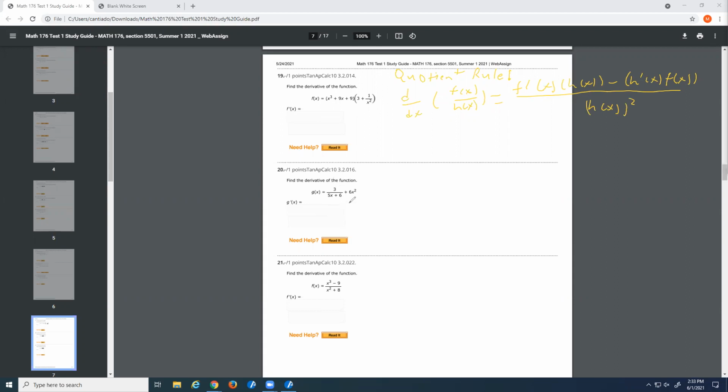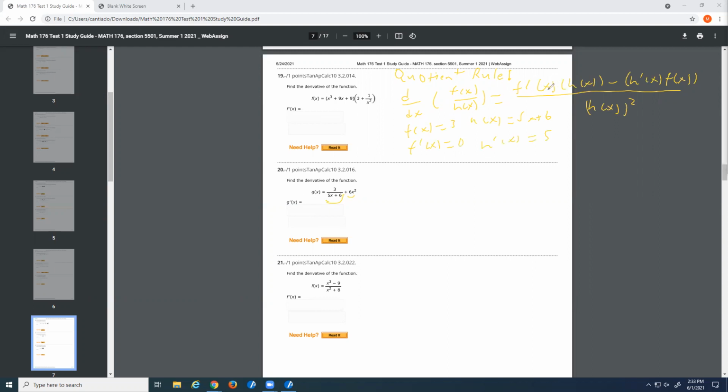So now for this one, we're going to differentiate term by term, looking at this term first, then this term. For that term, our top function is going to be 3. So f of x is 3, h of x is 5x plus 6, and then f prime of x is just going to be 0, and h prime of x is just going to be 5. So now we can just plug everything in.